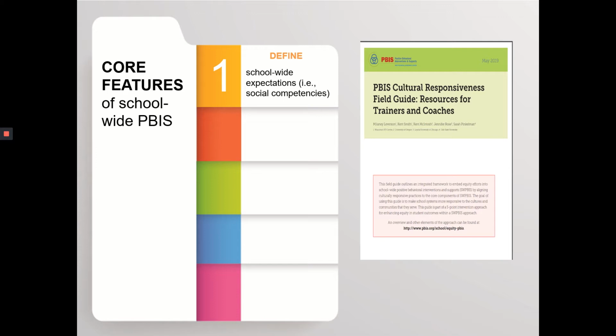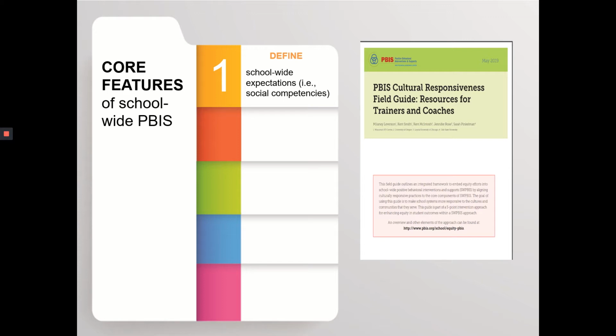If you're just getting started with defining school-wide expectations through a system like Positive Behavioral Interventions and Supports, or some other universal system you're using, it can be a great way to have a discussion about the norms and values that you're using to create those expectations.